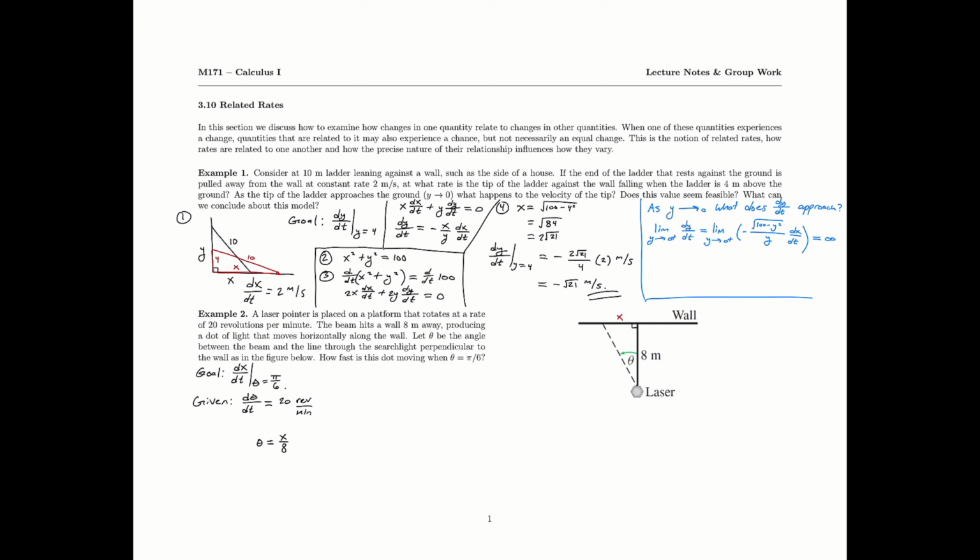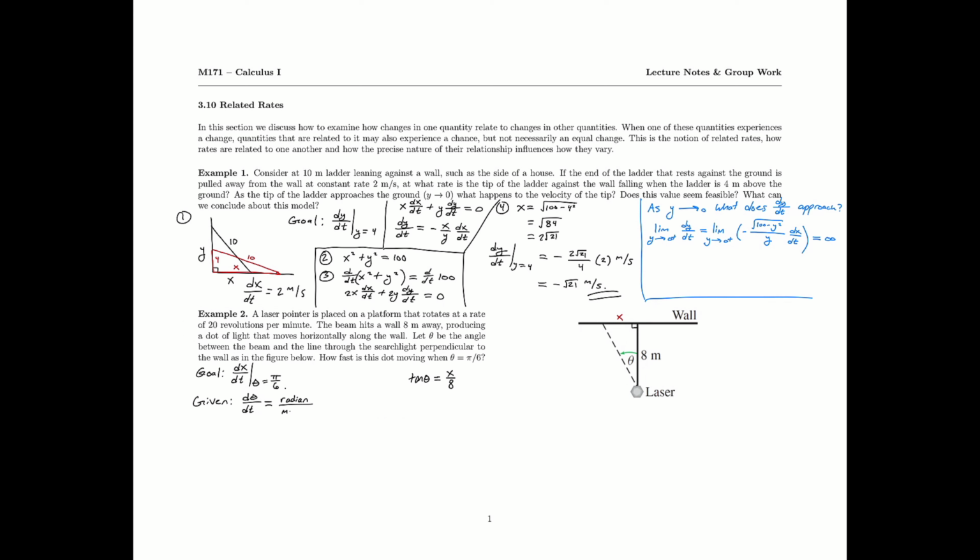Why is that? Let's backtrack for a second. We measure theta in radians, so this should have units of radians per some unit of time, whatever the units of t are.